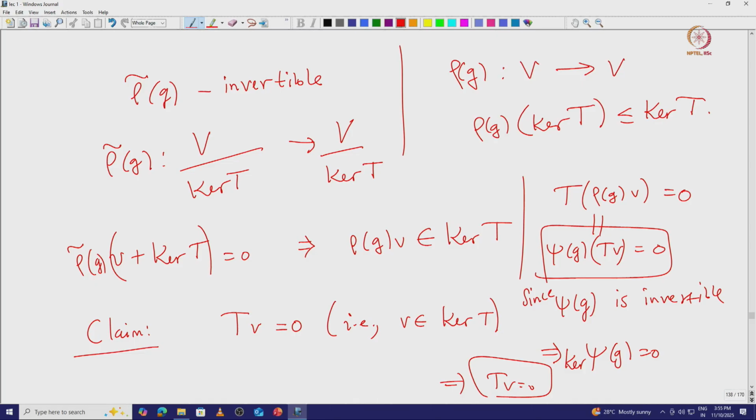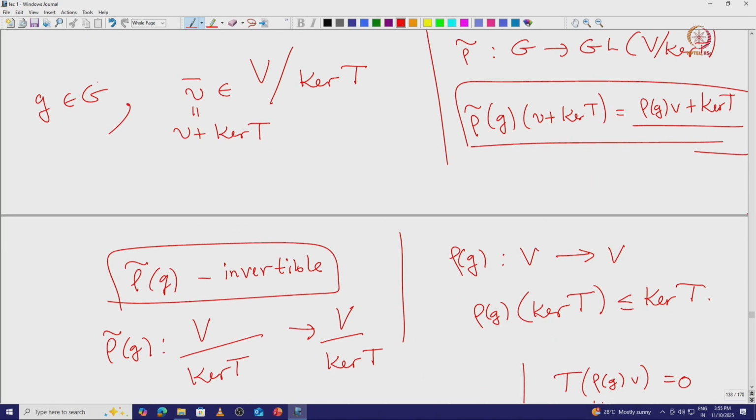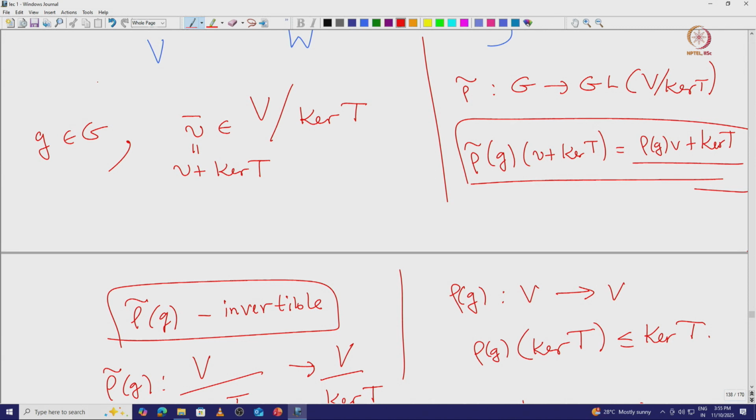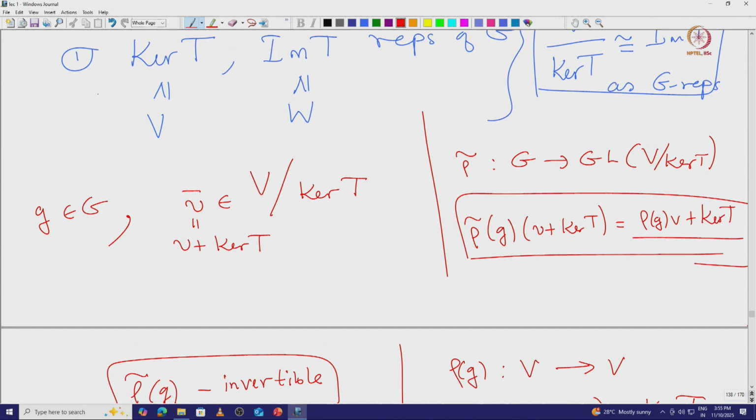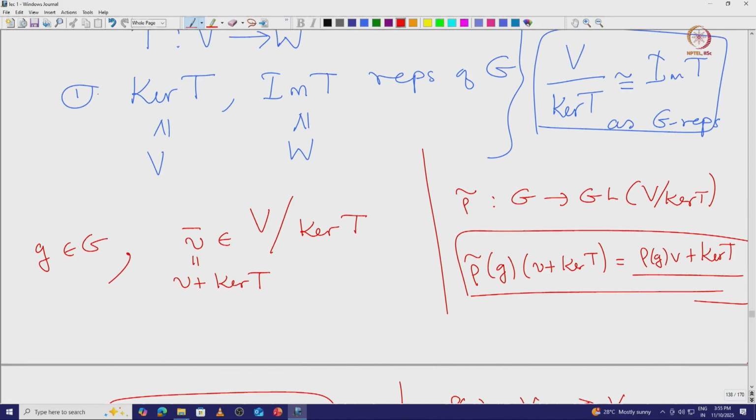So, that means this map that we got is indeed an invertible map. So, that is actually good enough to prove, because rho tilde is induced from rho. So, since rho is a group homomorphism from G to GL V, that would imply that rho tilde is a group homomorphism from G to GL of V modulo kernel T.